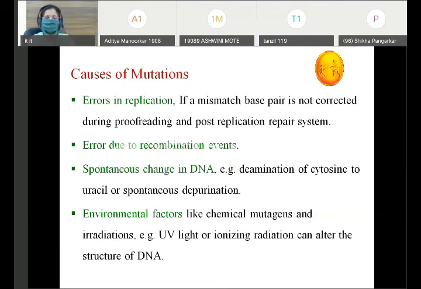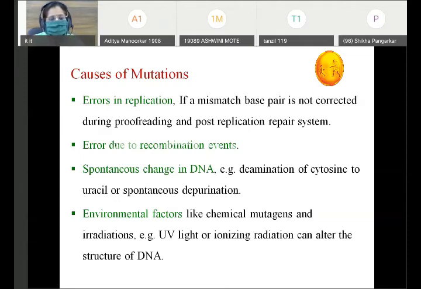So we have two chances of correction if a damage or error occurs in replication: one is proofreading during replication, and the second is the post-replication repair system.